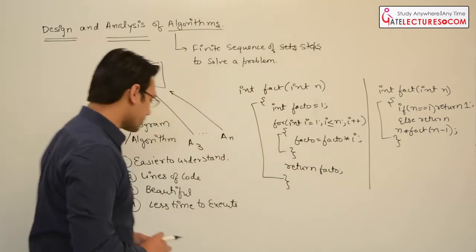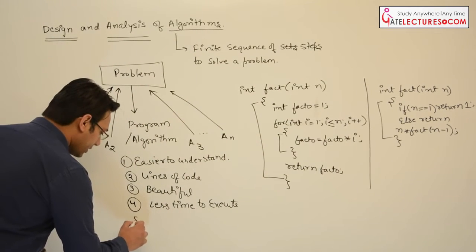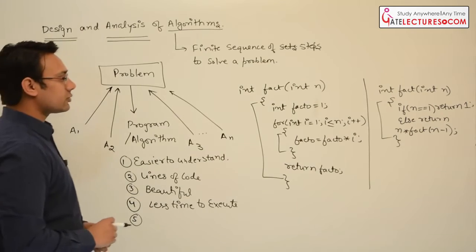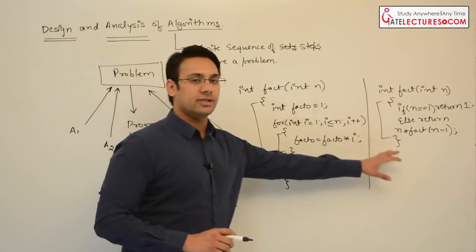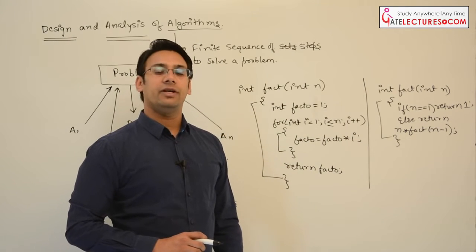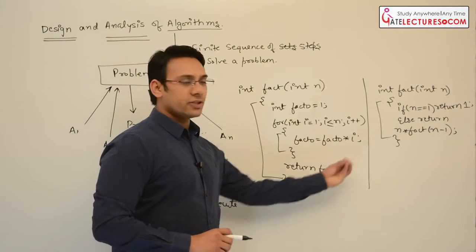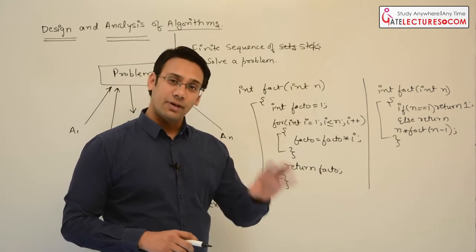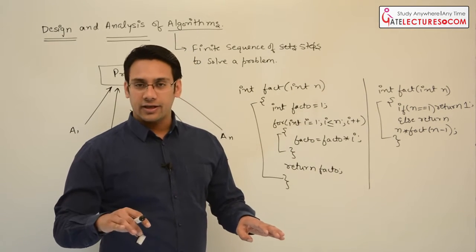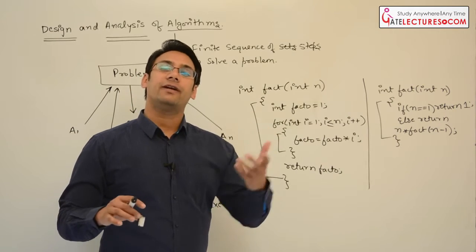Okay, now one more student says, sir, out of these two programs, we say one of these programs is taking less lines of code, but we did not see which of these programs is taking less amount of space. Because when I am saying less amount of space and less number of lines of code, both are different things.